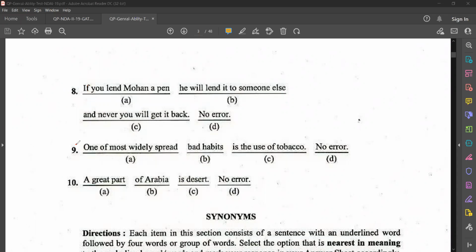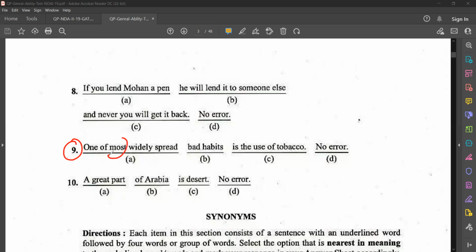Next, question number 9. One of most widely spread bad habits is the use of tobacco.